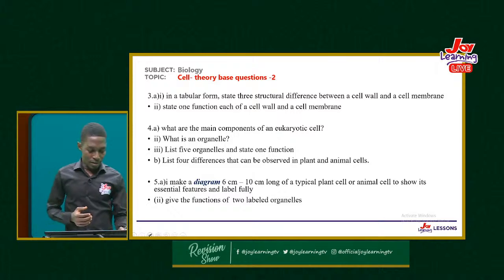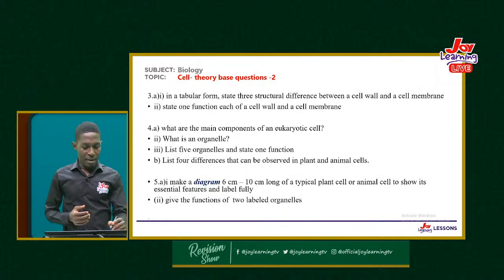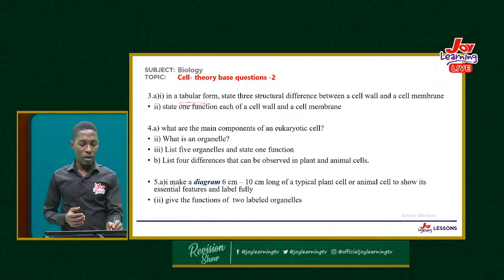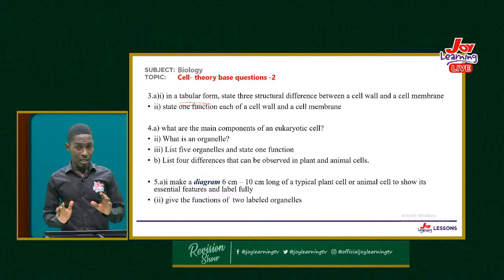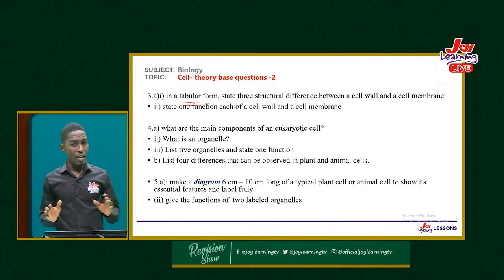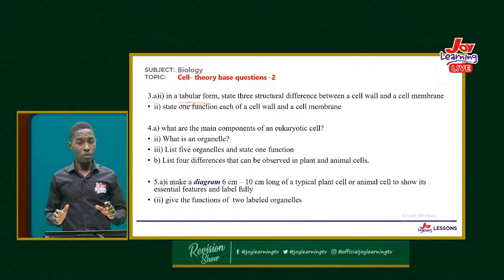Then in WASSCE, let me go back. There's something here in tabular form. This word, tabular form. In exams, if we instruct you to use a table and you don't use it, it's -1. Keep in your head, once we give you instruction and you don't follow.